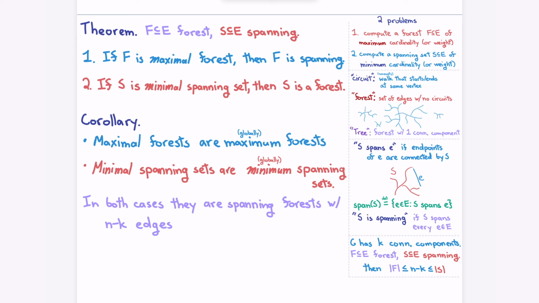There's no cycles in it. And because we already showed that any forest has cardinality less than or equal to any spanning set, once I show my forest is a spanning set, I know I got the optimum. I got the maximum. And as soon as I know my spanning set is a forest, then I know it's the minimum.